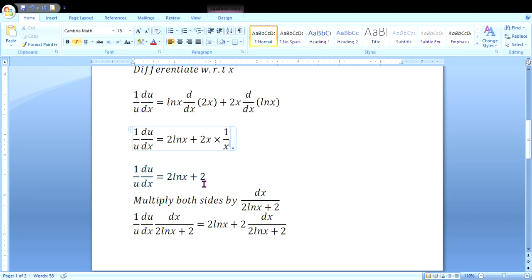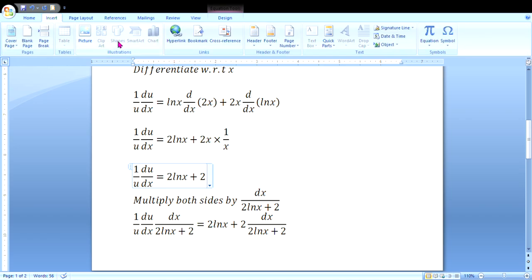Here we are trying to find an expression for dx. To obtain that, we multiply both sides of this equation by dx over 2 ln x plus 2, so the essence is to take care of those variables within the function.